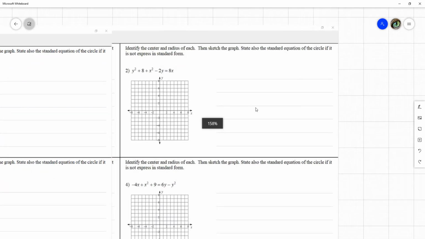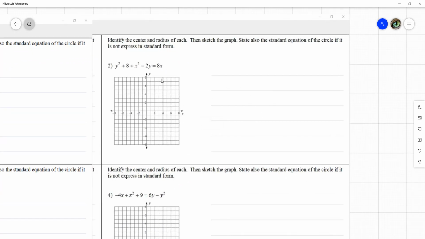Okay, let's have another item. So this would be item number 2. As we can see here, it's not expressed in the standard form. So let's transform the equation into the general form of the equation. So let's have x squared plus y squared.